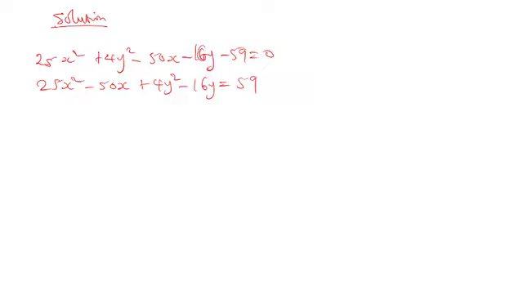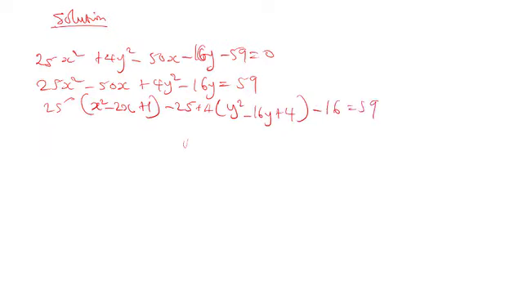Then let us make it a perfect square by writing 25 in bracket x squared minus 2x plus 1, minus 25, then plus 4 in bracket y squared minus 4y plus 4, minus 16, equals 59.